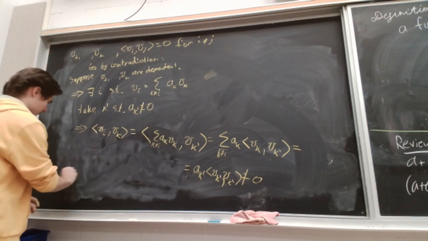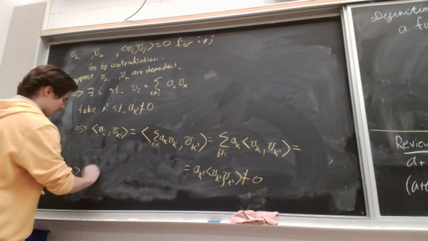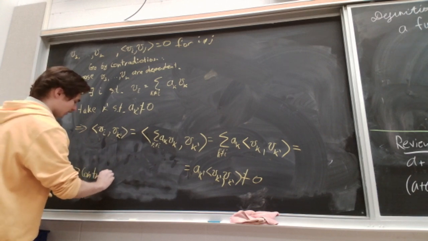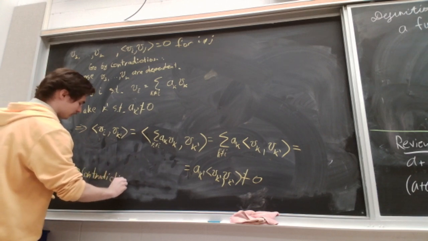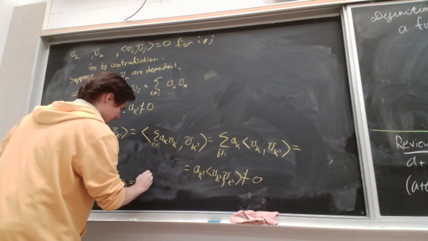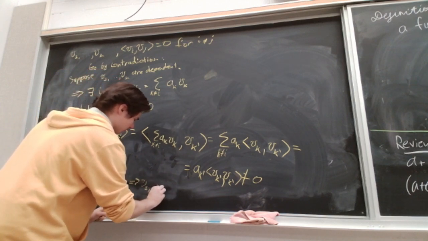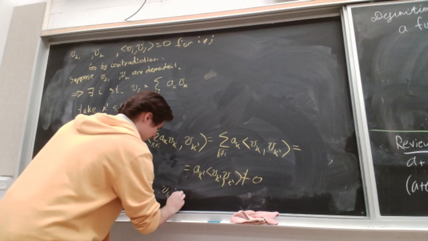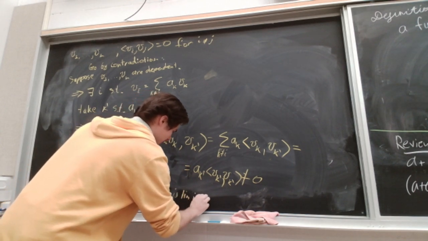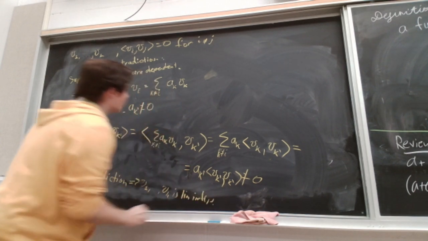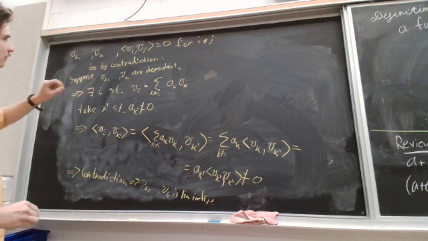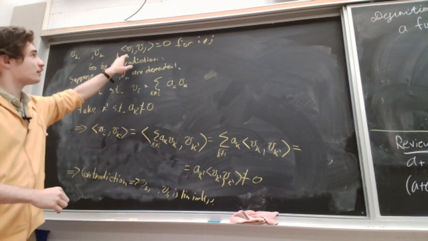So all the v_i have to be linearly independent: v_1 up to v_n is linearly independent. So the inner product kind of tells you whether there is a piece of v_i.